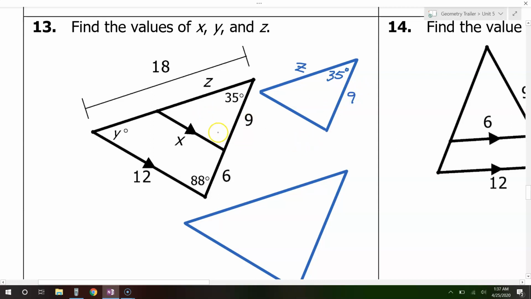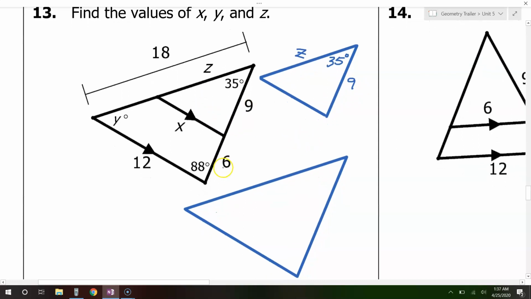Okay, that's what's going on the small triangle. Now, we also have the X on the bottom. Okay, so that is going to be an X. All right, that's a little better.